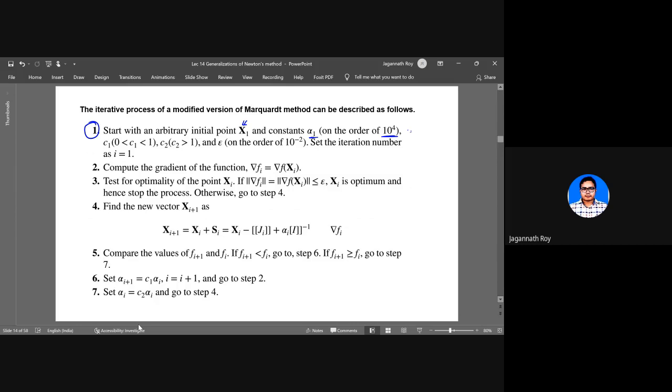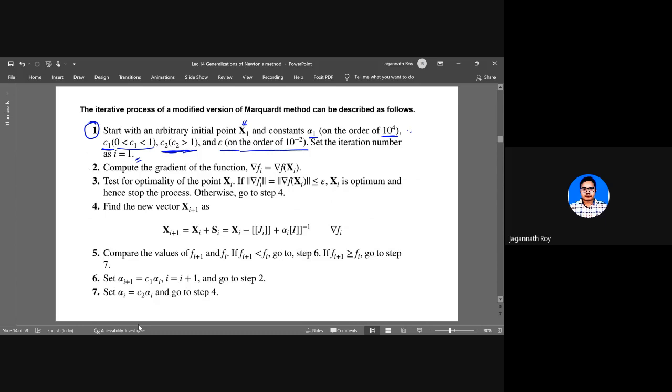Then there will be some coefficient c1, which is strictly between 0 and 1, and another constant that we have to consider, c2, which is strictly greater than 1, and there will be one tolerance, so that we can put the stopping condition, and the iteration number starts with 1.